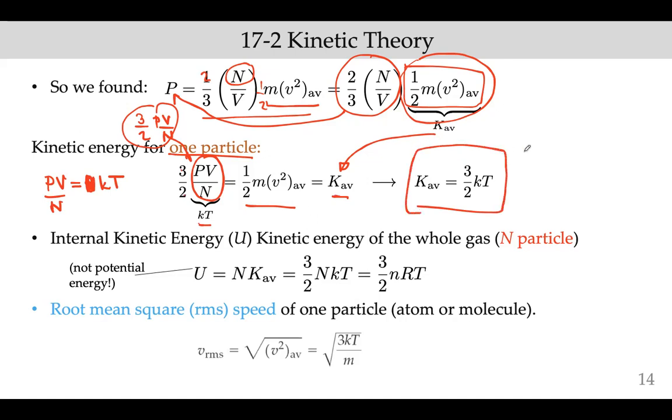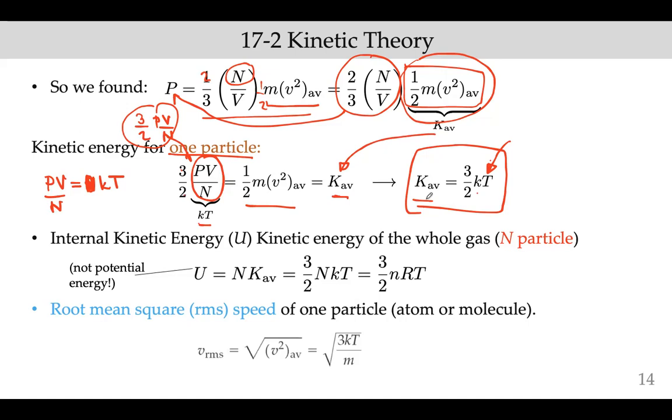If someone asks you what is the average kinetic energy of a gas molecule, the only thing you have to know is the temperature of that gas. k is the Boltzmann constant, a constant number. So it's nice that if you know the temperature of the gas, you can calculate the average kinetic energy of the molecules. But that's just for 1 molecule.